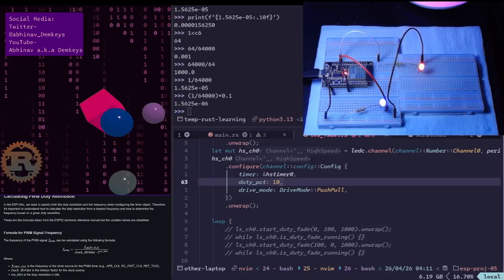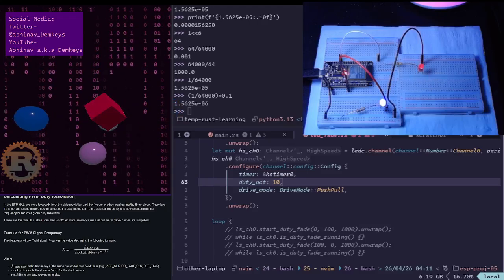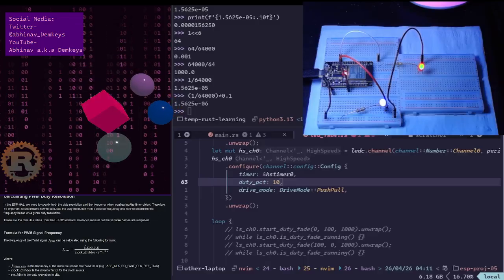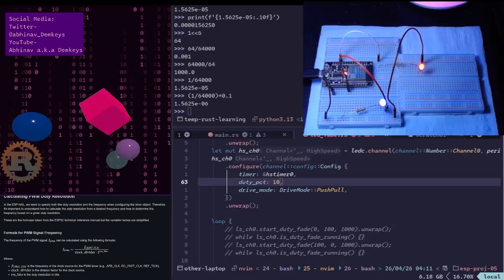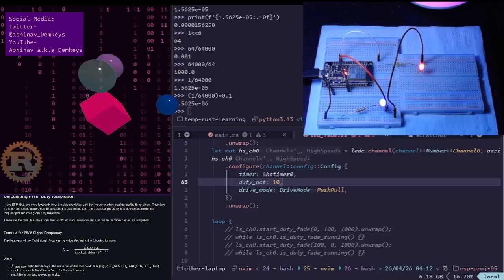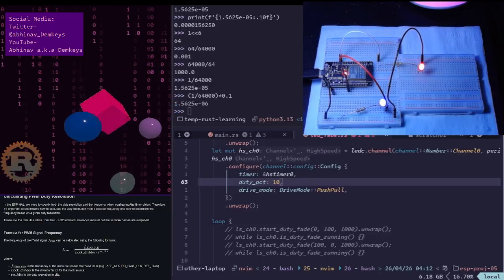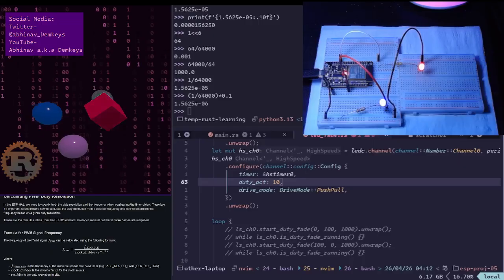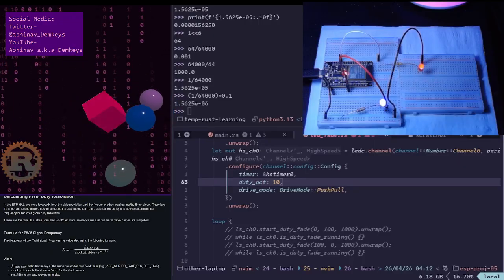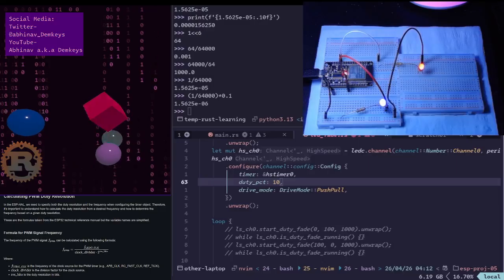Hold on, I need to sit down and think about this. Transition: spread that increase out over 1000 milliseconds. The hardware is essentially recalculating the width of the on pulse for every cycle until it reaches your target percentage.